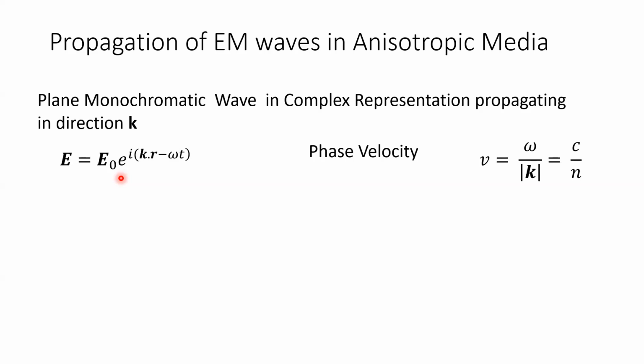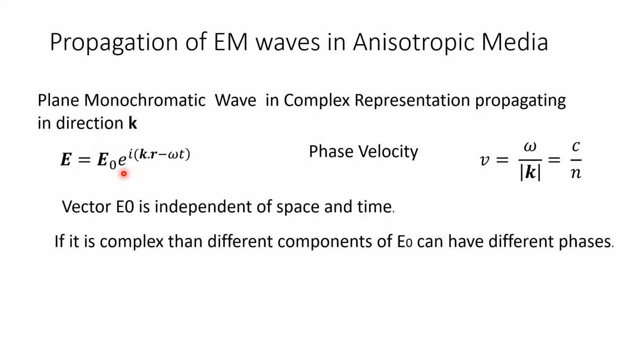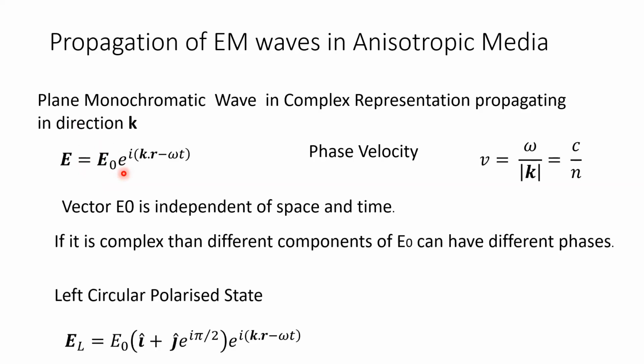We want to deal with cases of all possible polarization, and that one can generate by letting this E0 vector also be complex. What that means is, I'll come to that certain things later. So if it is complex, then the different components of this E can have different phase. So this is what, for instance, I have written for the right circularly polarized light.